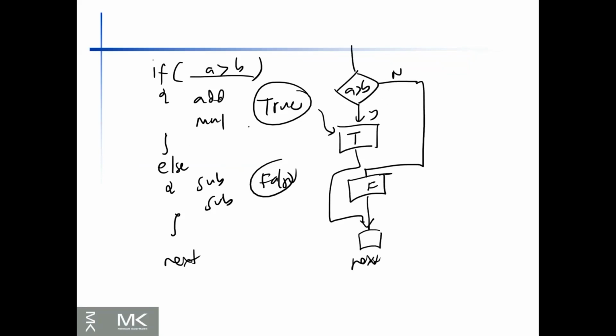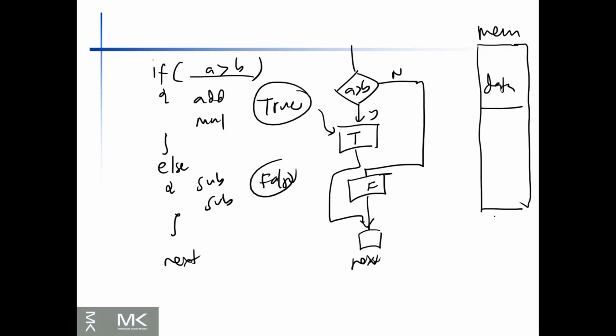So what does this mean? It means that in our code, if you remember, I gave you a little bit of memory space just now. So we have some data memory here and we have some instruction memory or code. Okay, it's code. So this thing, the code, let me just draw this one.